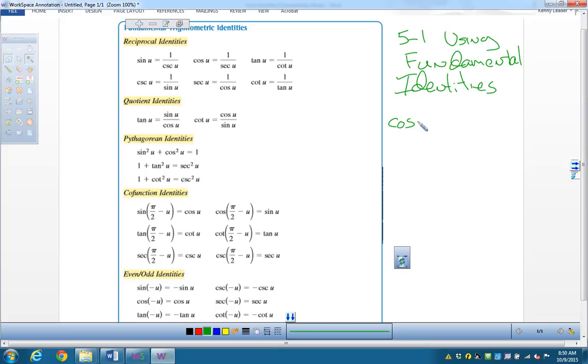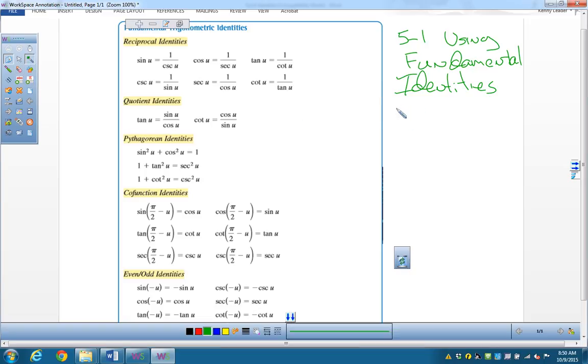If you have something that says cosine of u, they don't always use theta. Cosine of u equals, I messed up already, I meant to write cosecant of u. No, I still wrote it down wrong. One more try. Secant of u.